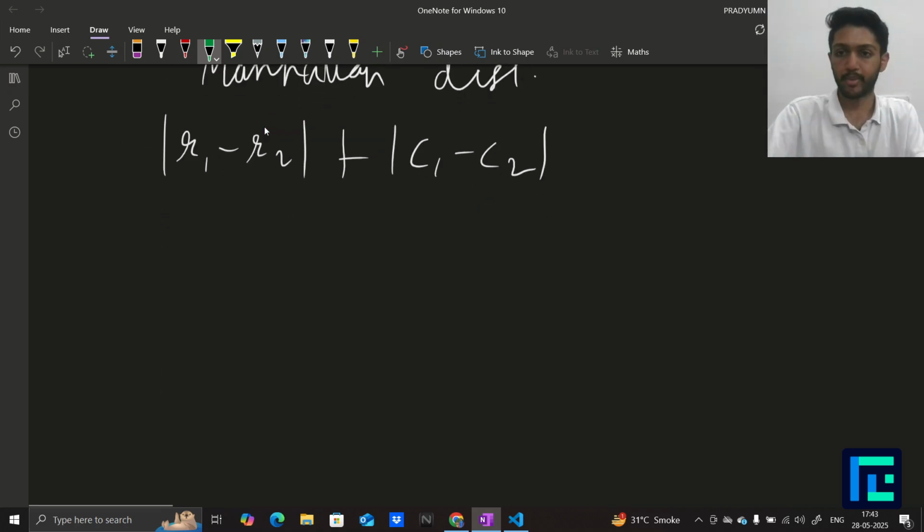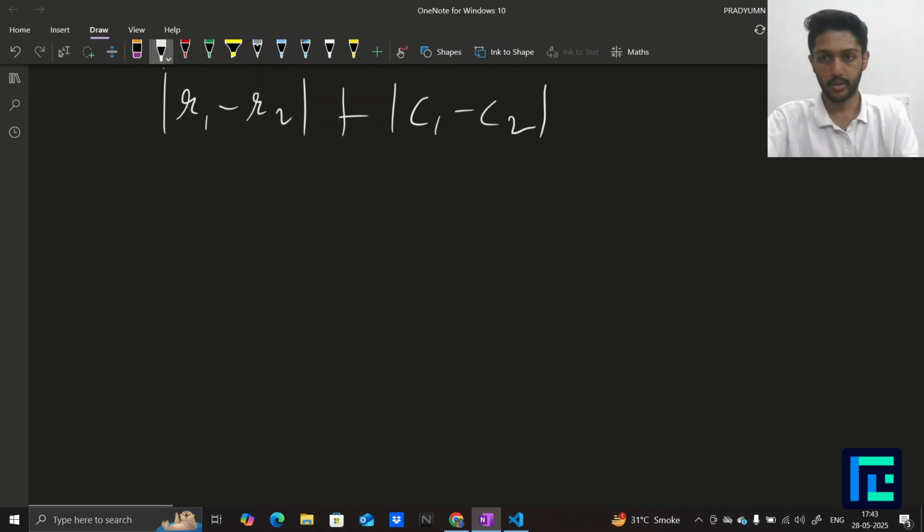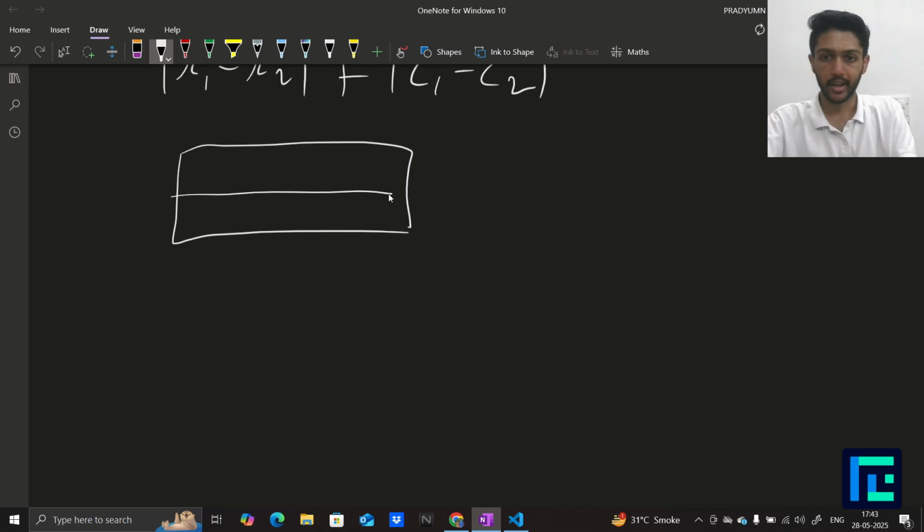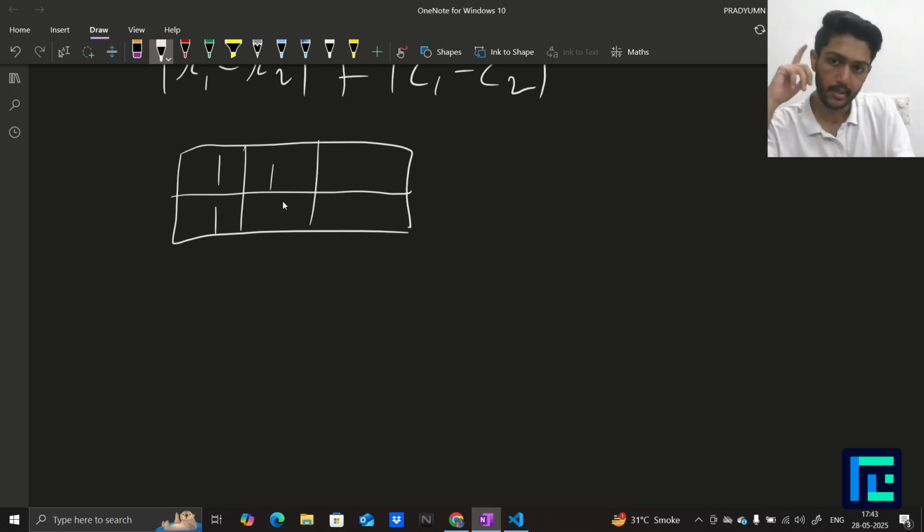Okay. So for example, let's say we have a grid of 2 by 3 size. Let's say this is color 1 and color 1, and this is color 2, this is color 3 and 3.